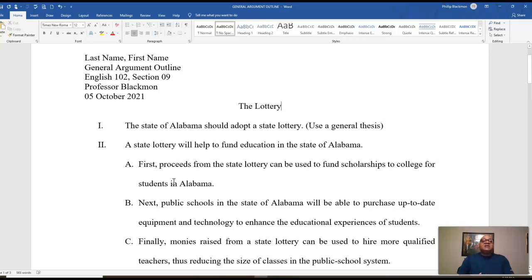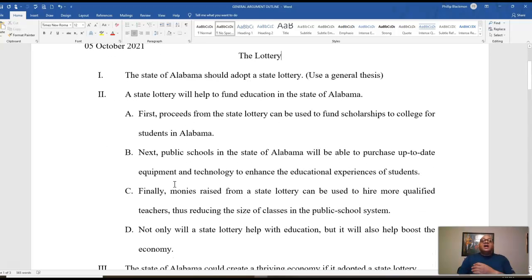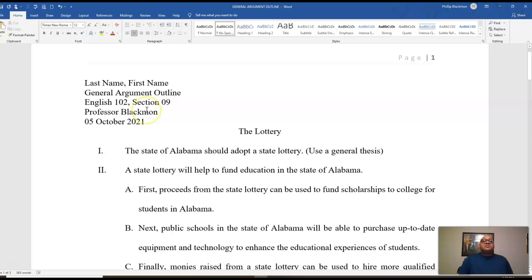Write down things because you are basically on your own with this assignment. You can always email me if you have questions, but if you're in an online asynchronous class, you can pay attention, you can listen, you can read, you can write on your own without the guidance of being in a classroom.